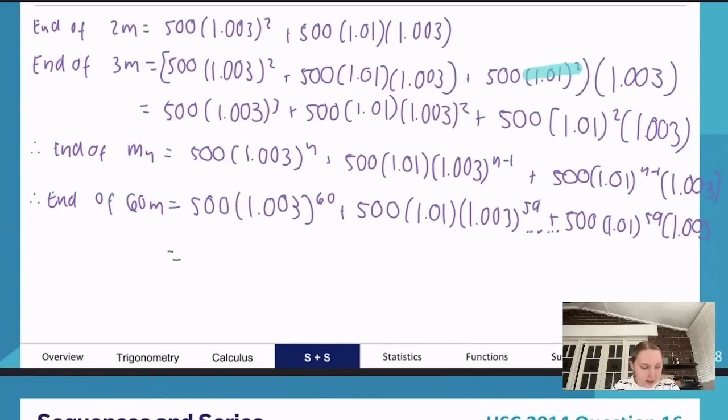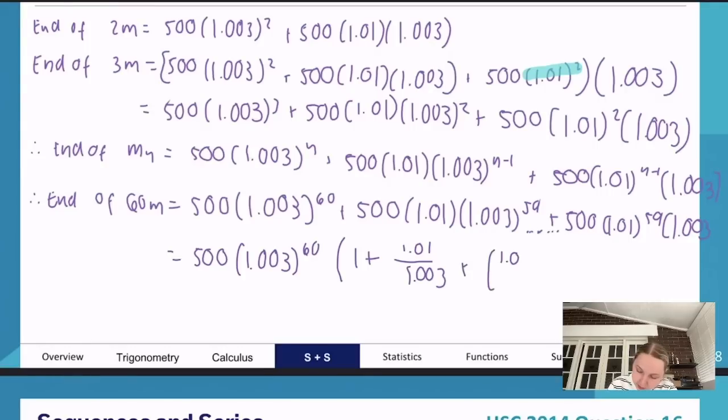So when we're thinking about this in terms of a series, we have on the outside the term 500 × 1.003^60, all times by 1 plus 1.01 over 1.003, plus (1.01 over 1.003) squared, plus all the little bits in between, plus (1.01 over 1.003)^59.